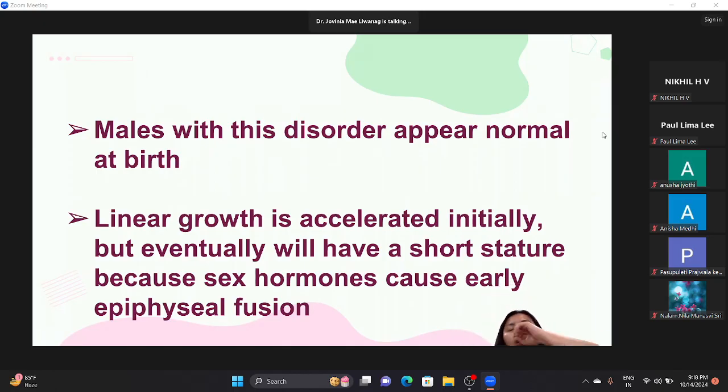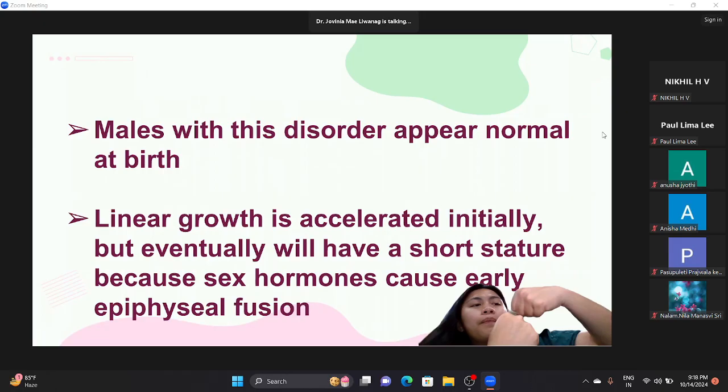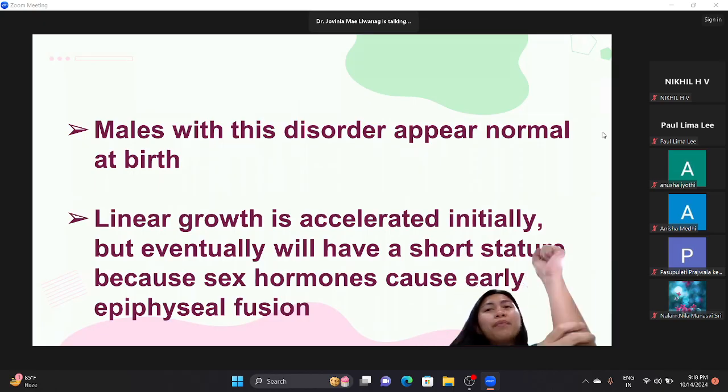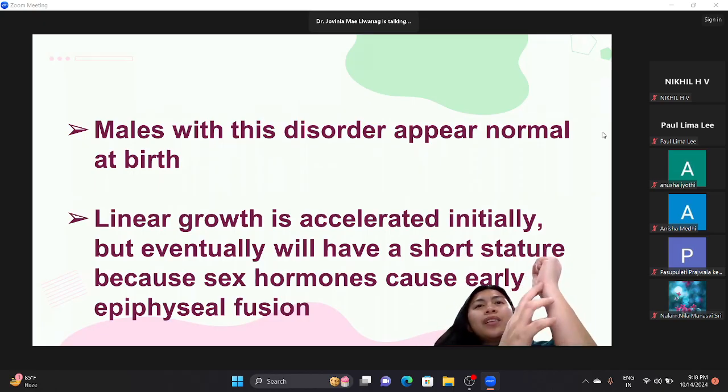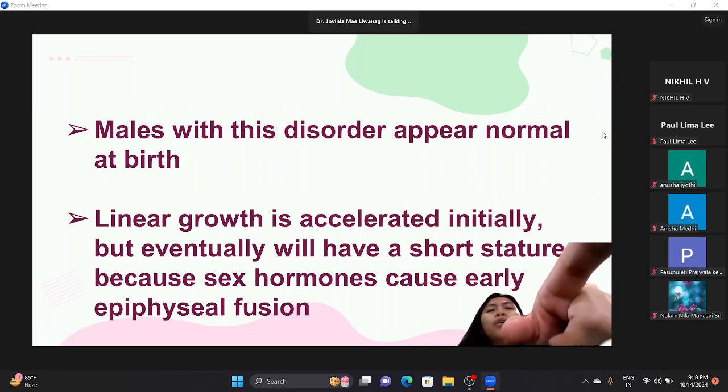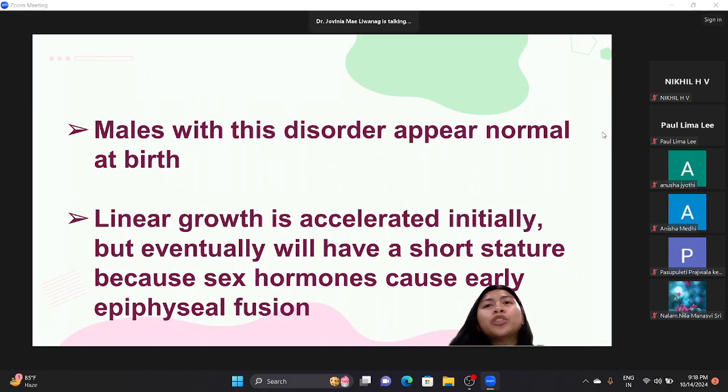If you remember the anatomy of a bone, there's the epiphysis and metaphysis. At the distal and proximal parts is the epiphyseal plate, where growth comes from. Because of the excess sex hormone, the epiphyseal plate will be prematurely closed, so eventually the patient will have short stature.